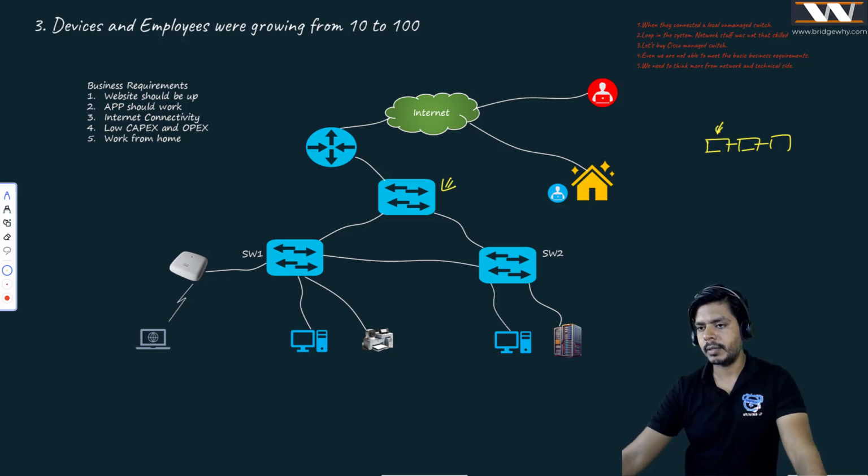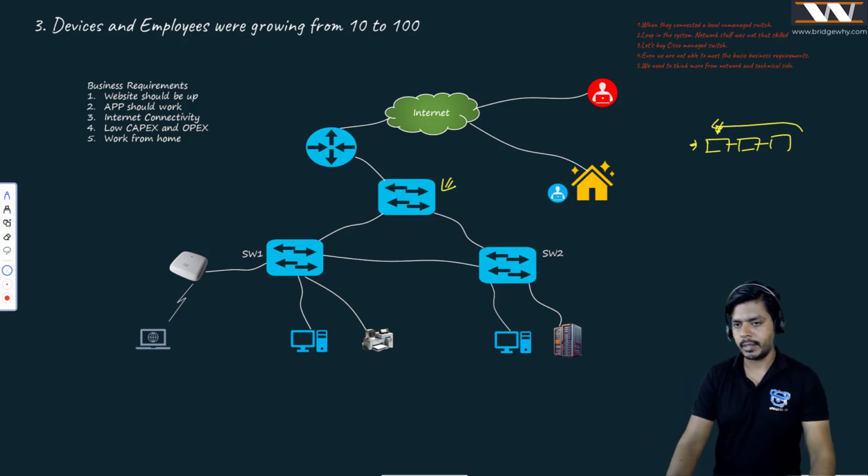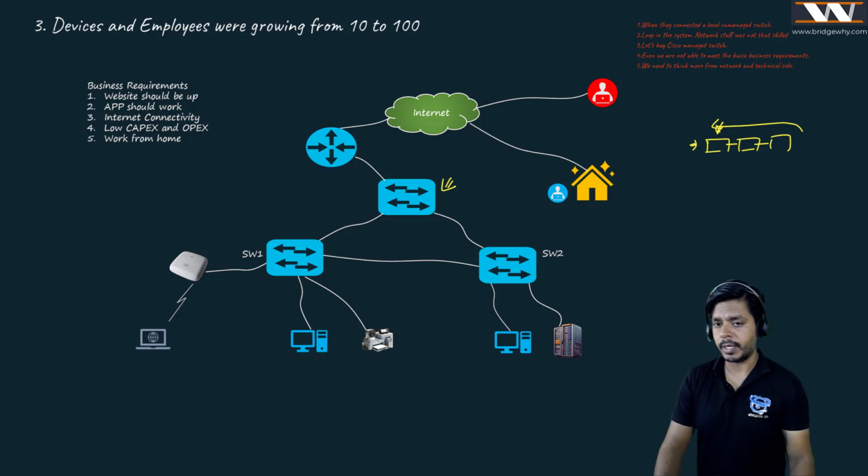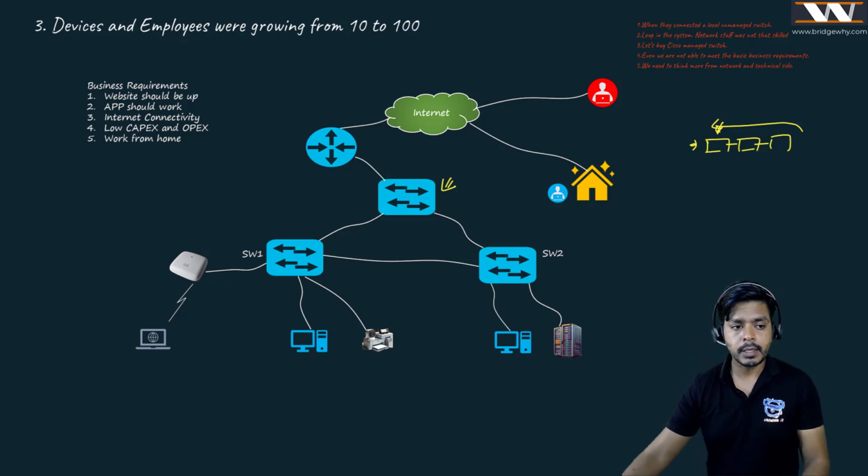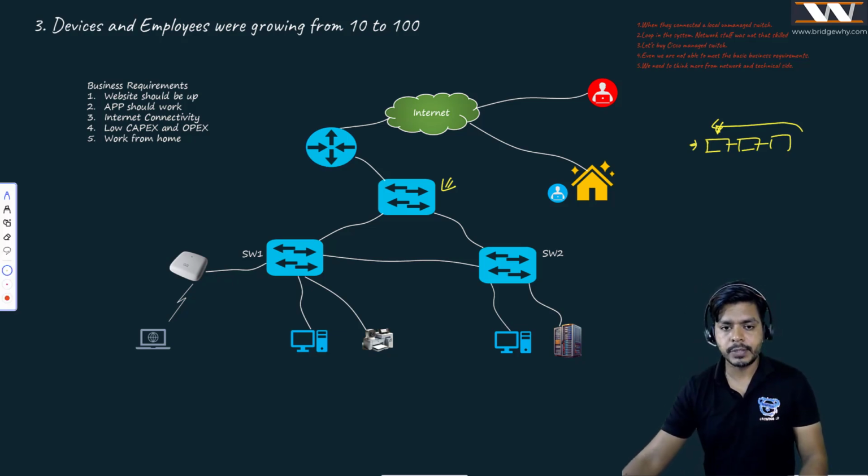Because if this switch fails, because all the data is coming through this, this is behaving as a single point of failure, right? So he is doing some extra thinking. Although he doesn't know much about networking, he's saying that if I connect three switches like this, switch 1, switch 2, and switch 3, it is going to give me more paths.